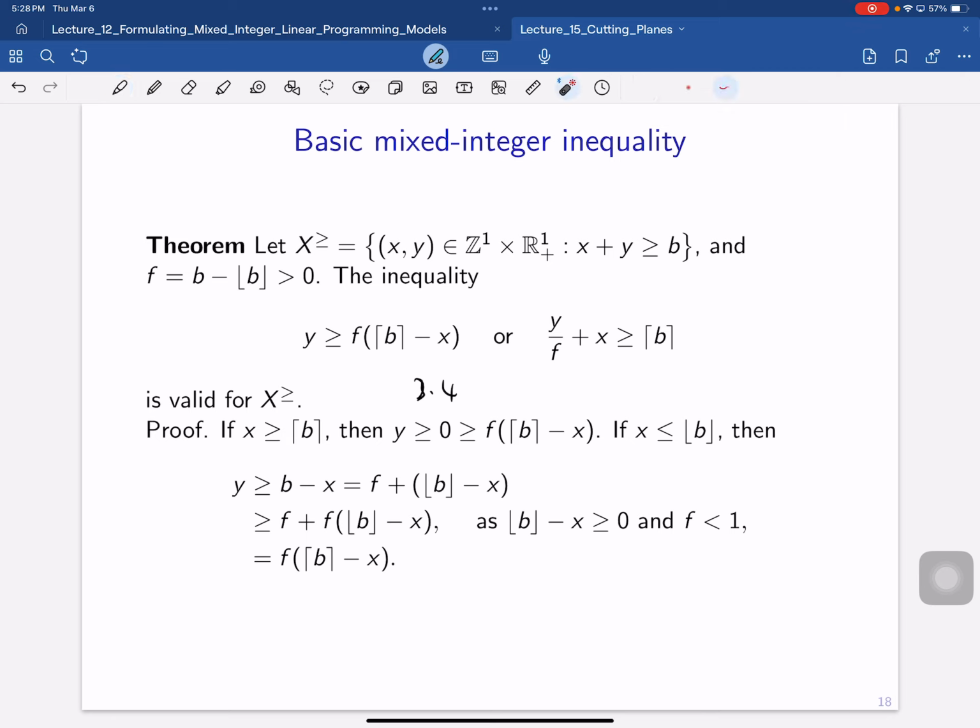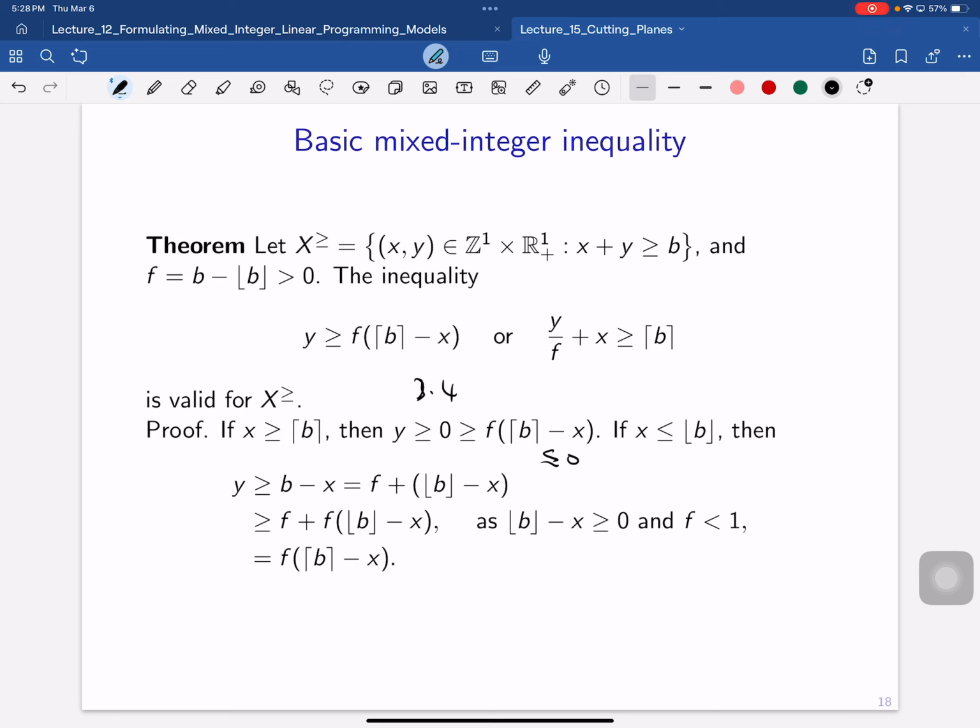So if x is greater than or equal to the ceiling of b, then we have y, by definition, greater than or equal to 0, right? Since by definition, y is non-negative here. And then since x is greater than or equal to the ceiling of b, we have the ceiling of b minus x is clearly less than or equal to 0, right?